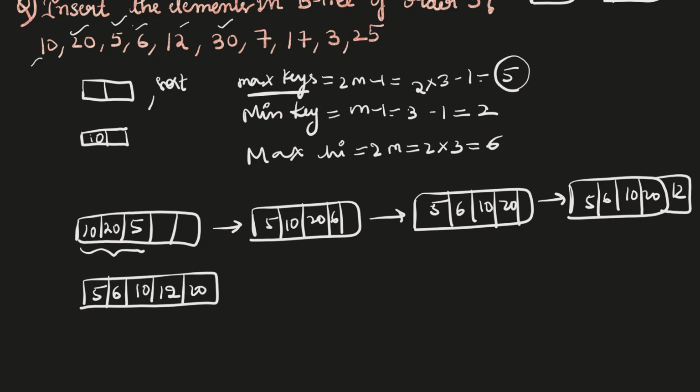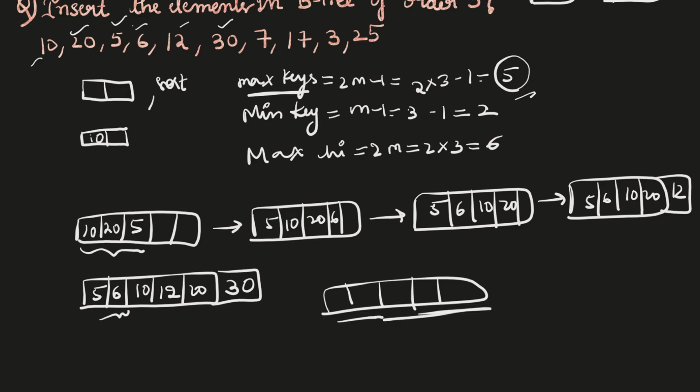Now the next element, when we insert it, that is 30. Now this has caused an overflow condition because the maximum keys that can be is only 5, but here there are 6. So this would now get split into 2 parts.